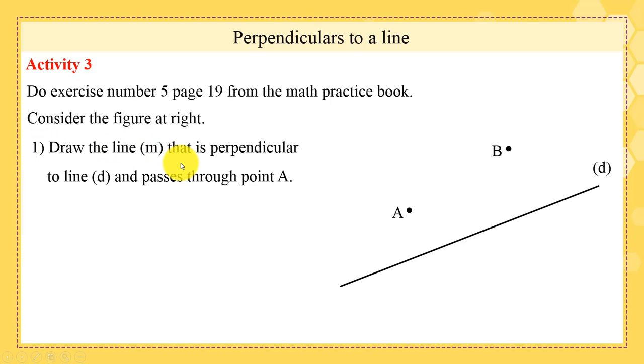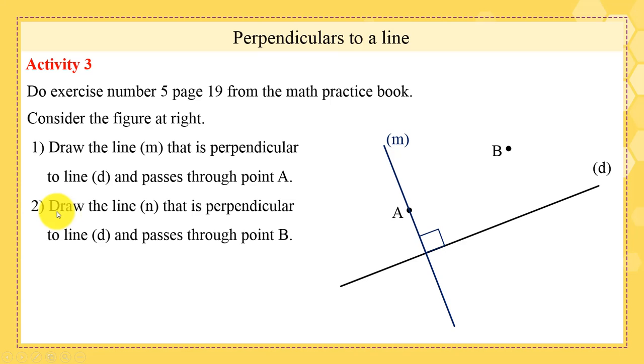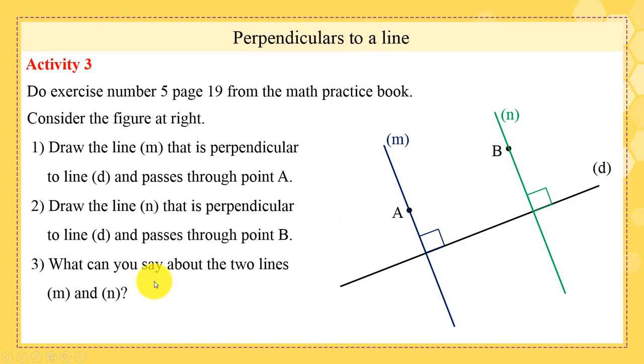Draw the line M that is perpendicular to line D and passes through point A. To draw a perpendicular, we bring the set square, place it on line D, and slide the set square to reach point A, then draw line M. Number 2, draw the line N that is perpendicular to line D and passes through point B. In the same way, use the set square, place it on line D, move it to reach point B, and draw line N.